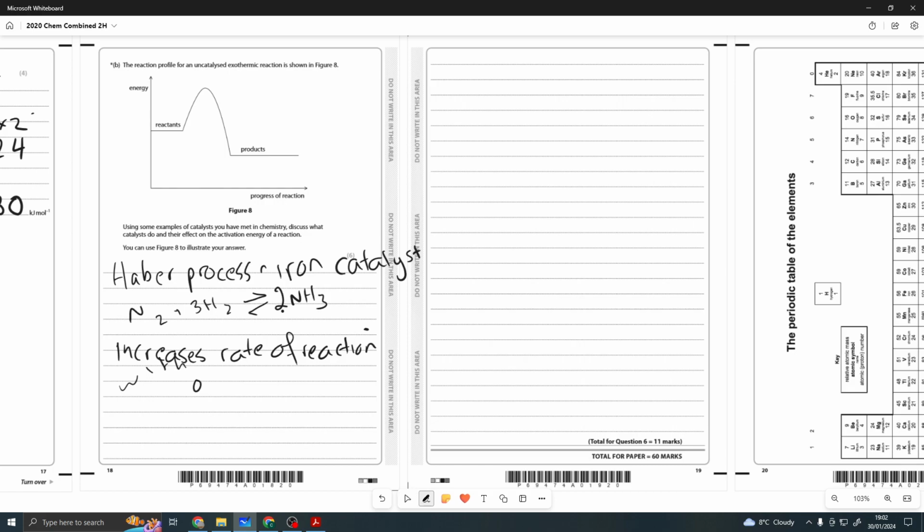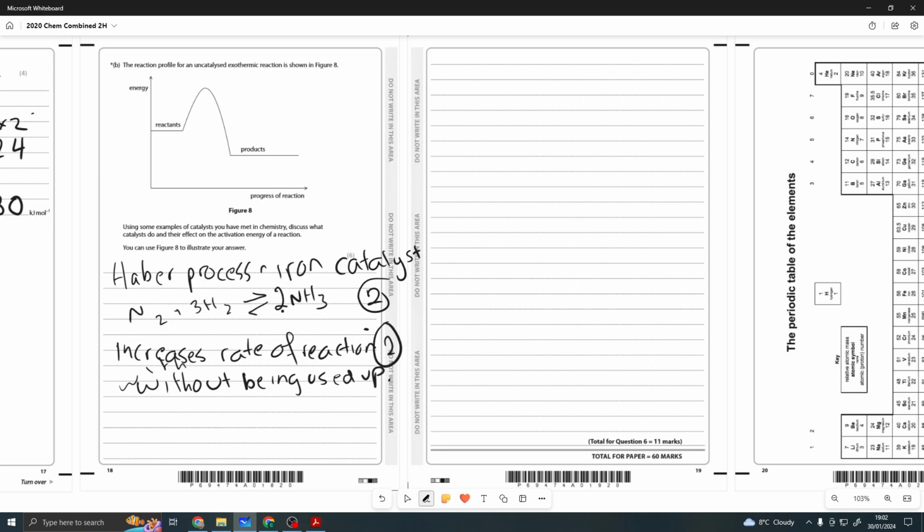That's what a catalyst does. You're going to get 2 marks for this. If you'd just written that, you'd be in level 2.